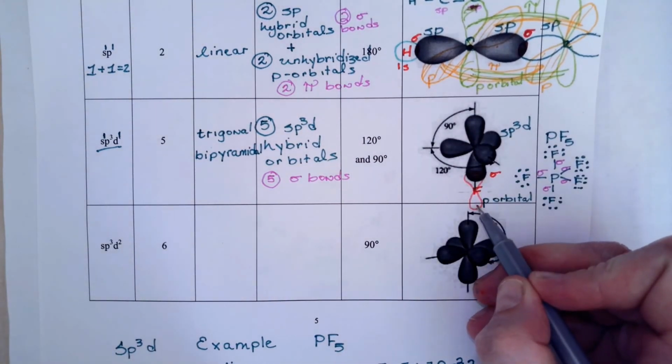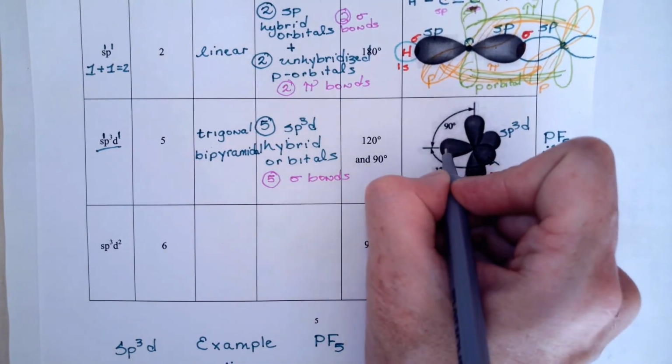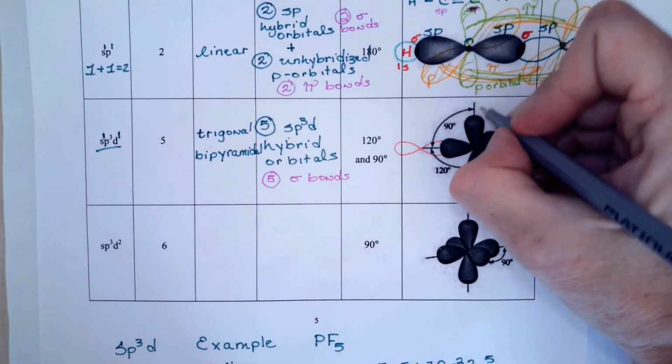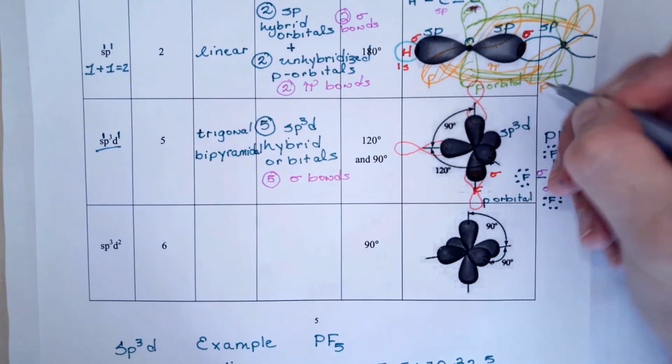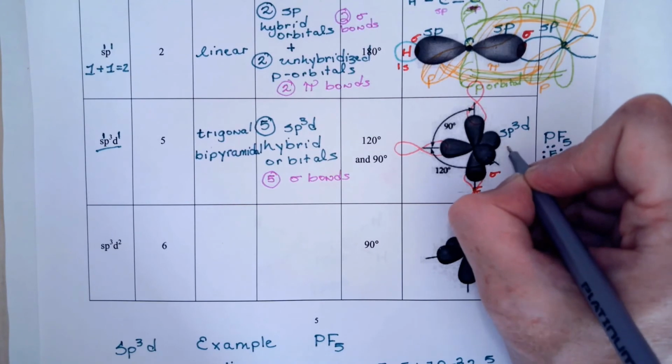Fluorine is going to use a standard p orbital, and since there's 5 fluorines, we can draw 5 p orbitals with end-to-end or sigma overlap with these hybrid orbitals.